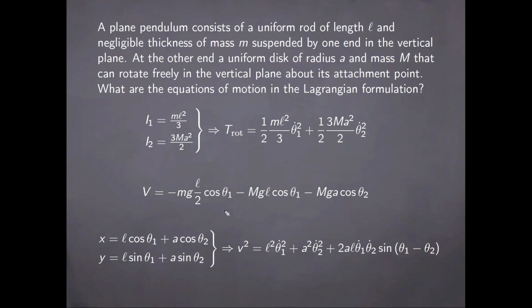And then we also need to keep into account that the center of mass of the disk itself swings along with the rod, so we need to calculate its kinetic energy as well for this problem. And its Cartesian coordinates will be given by the expressions here, so it's straightforward to calculate the square of its velocity.